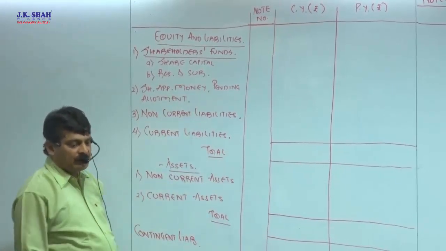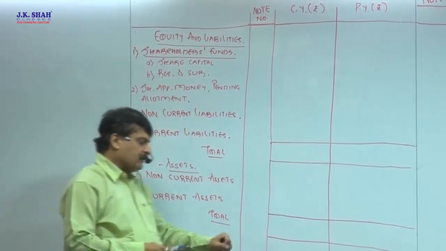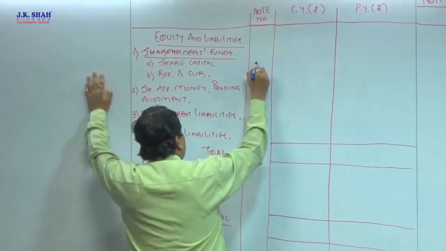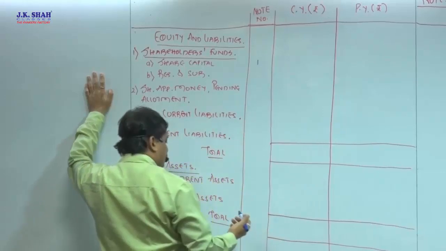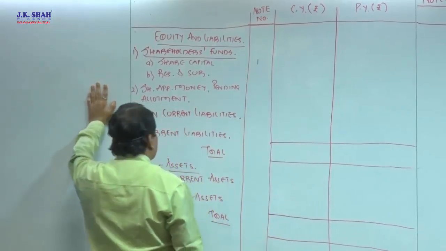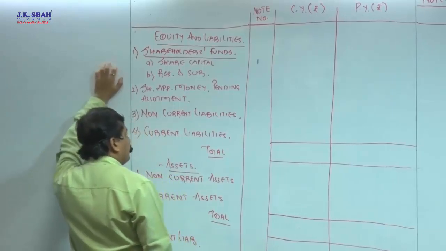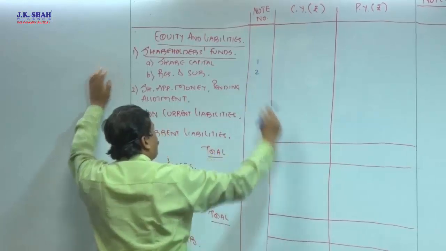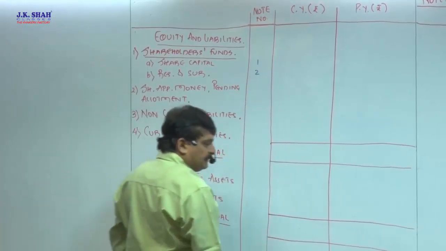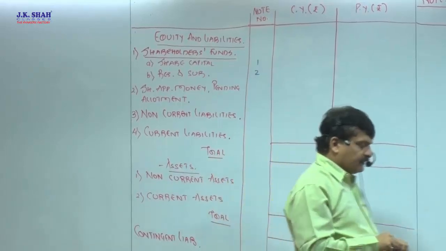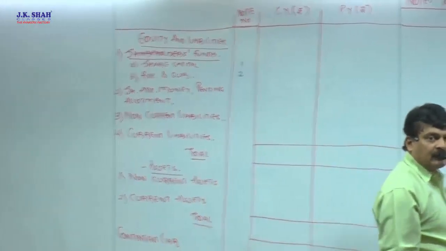Go to your notebook. What is the first line? Share capital. Do we have it? Yes, write down 1. Next line is reserves and surplus. Do we have it? Yes, 2. Next line is money received against share warrants. Do you have it?